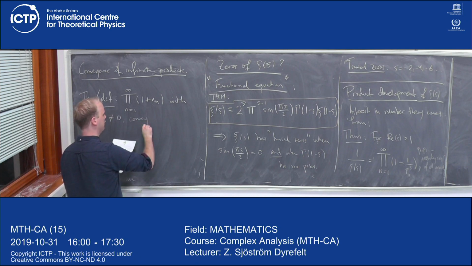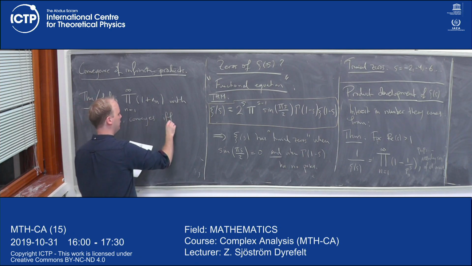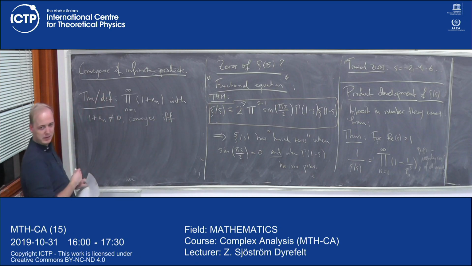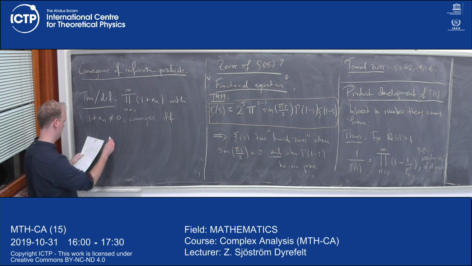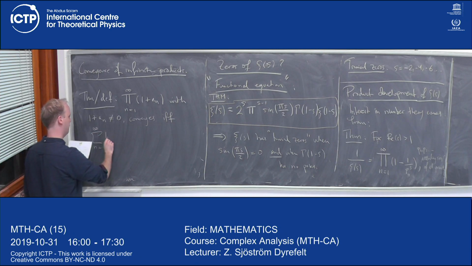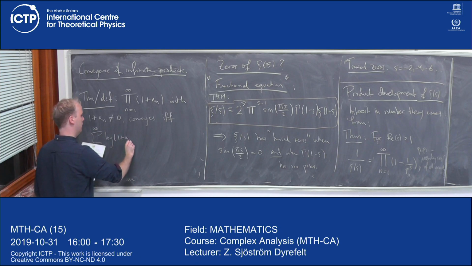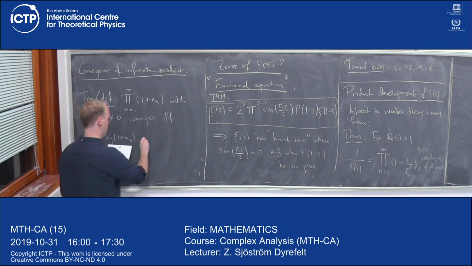This converges if and only if some sum converges. And what sum should this be? There's only one natural thing, right? The sum of logs, exactly. So the infinite sum of the logarithm of 1 plus a_n converges.